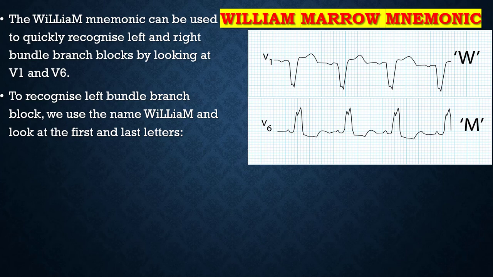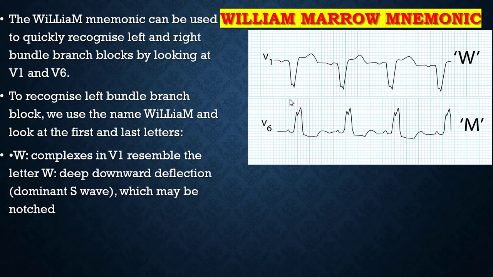To recognize left bundle branch block, we use the name William and look at the first and last letter. The first letter is W and the last letter is M. If you remember William, you will remember the left bundle branch block.